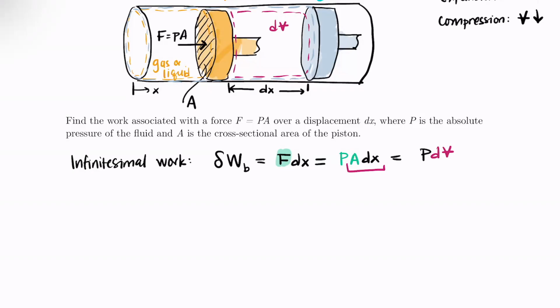Okay, so this dV is the change in volume for this infinitesimal process.